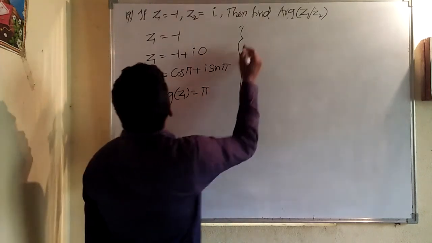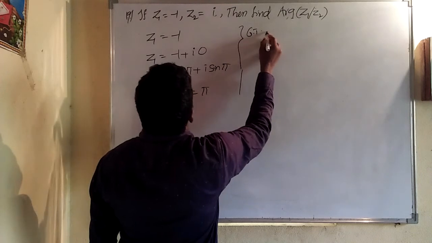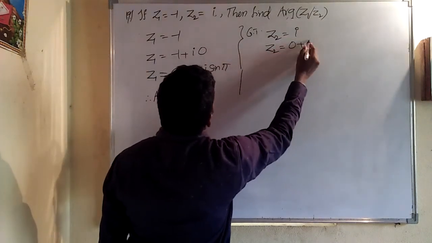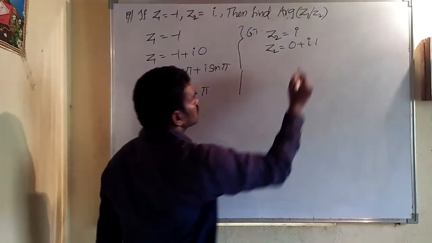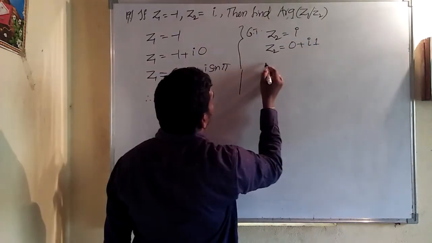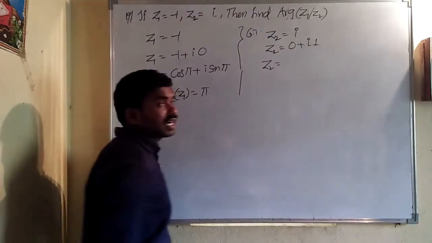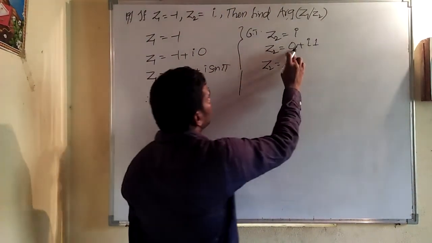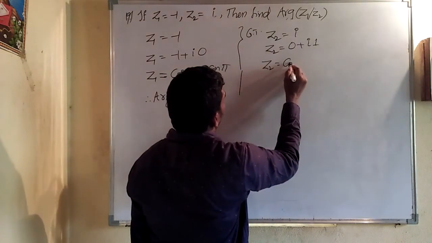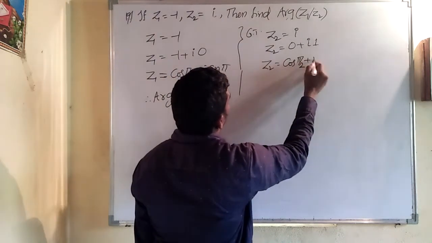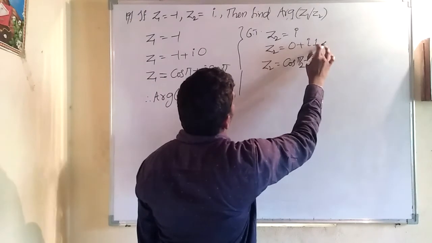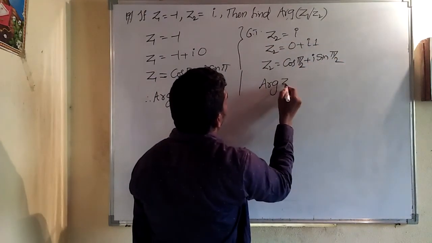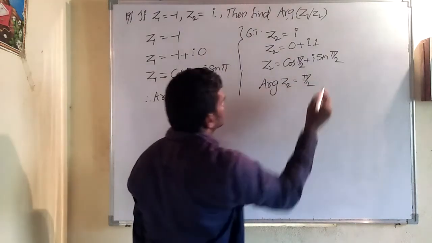And given that Z2 equals I, the general form is 0 plus I into 1. Here also we get R value 1, so we can write the polar form directly. Cos value is 0 at cos 90 degrees, plus I sin, and sin value is 1 at sin 90 degrees. Therefore, argument Z2 equals 90 degrees.